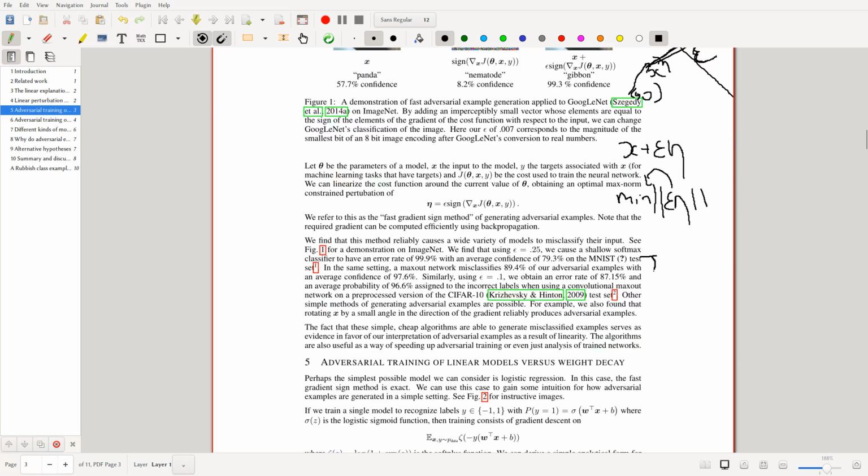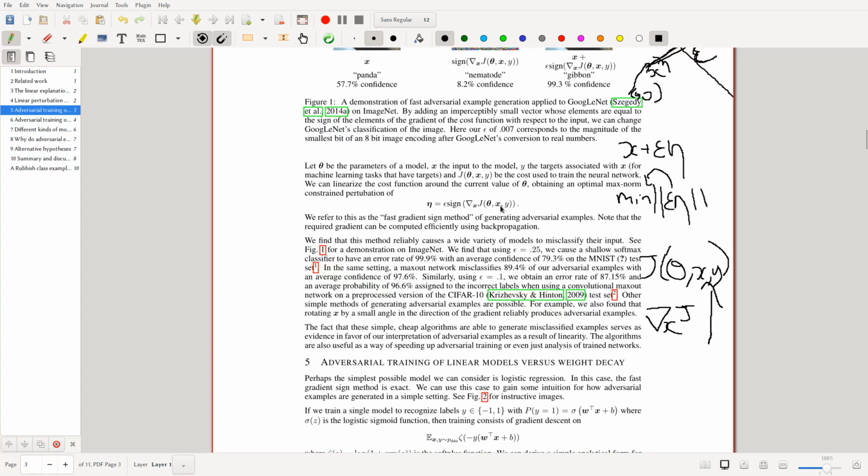If we have this loss function, which is under some parameters and some training set, some x and y's, we can write the gradient of this loss function, the gradient of J. And what we do is, instead of going down the gradient, as in a gradient descent algorithm, we just go up the gradient.